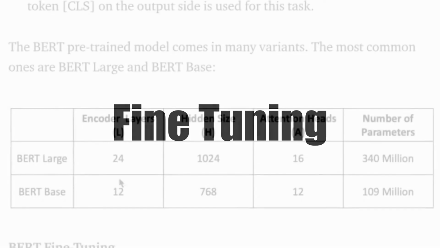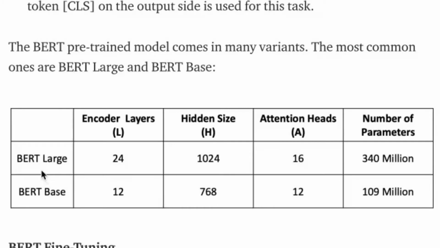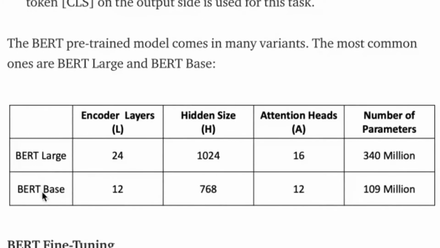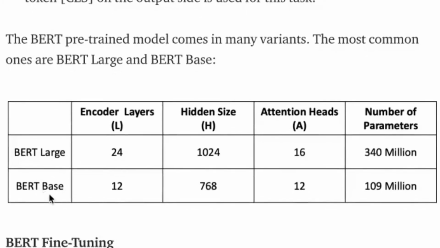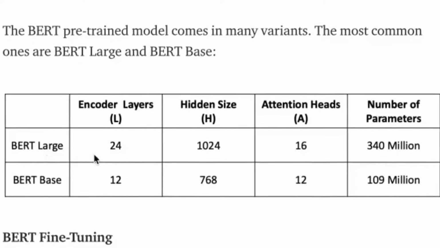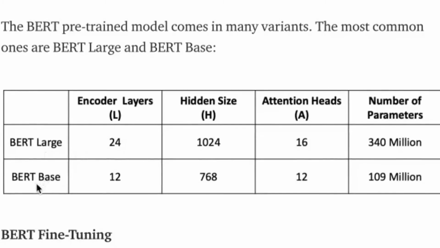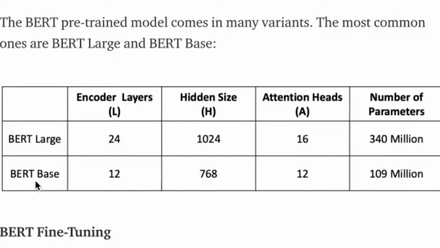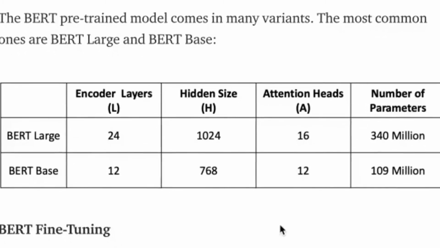I will show you the fine tuning in the text classification use case. BERT also comes in various flavors like BERT large, BERT base, and a few more. I used BERT large for the question answering use case and BERT base for the classification use case.